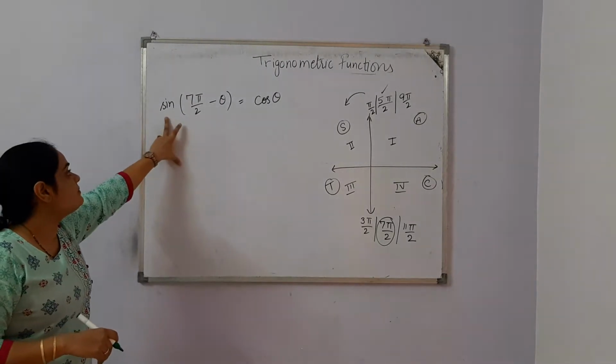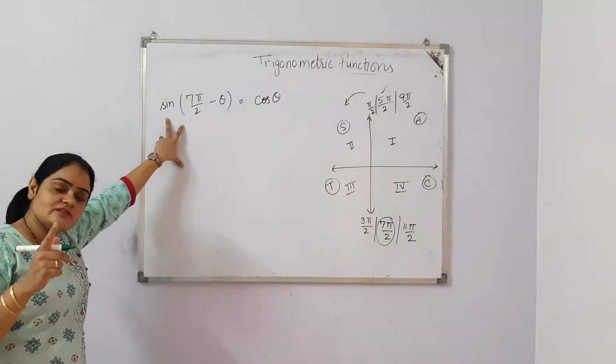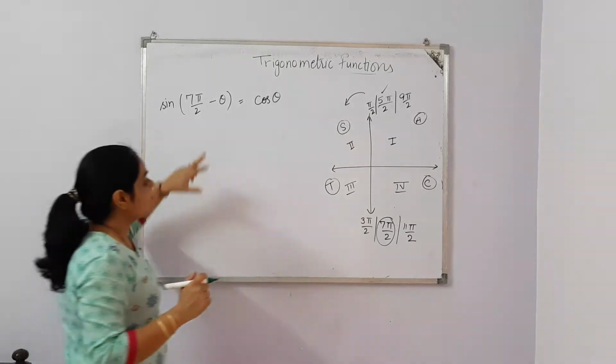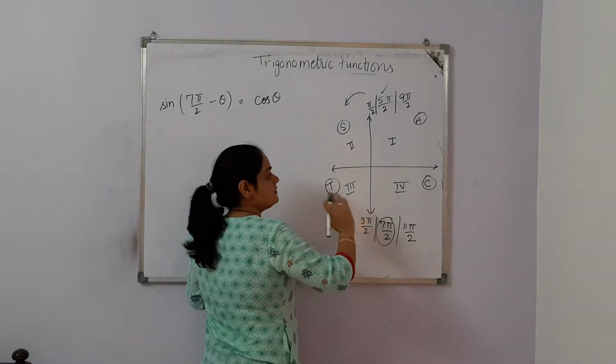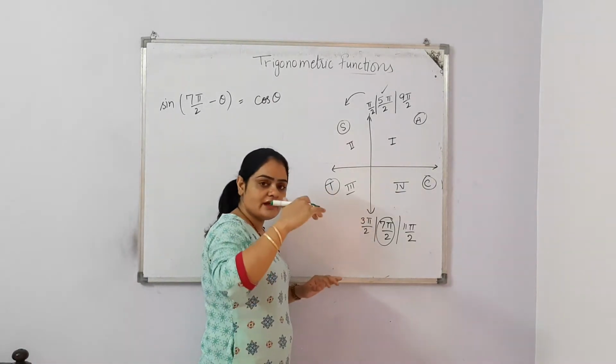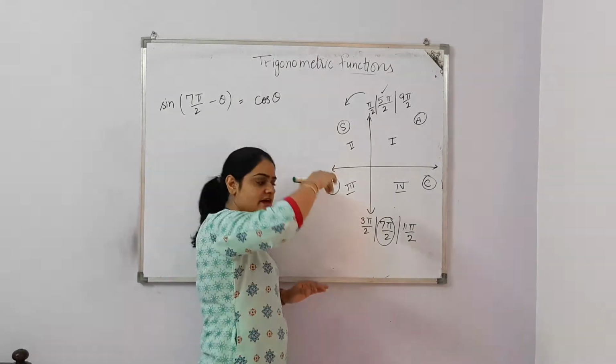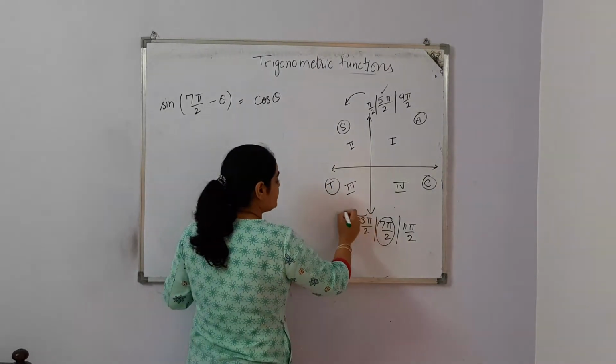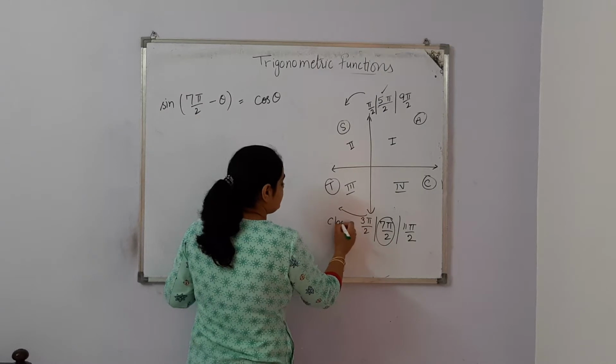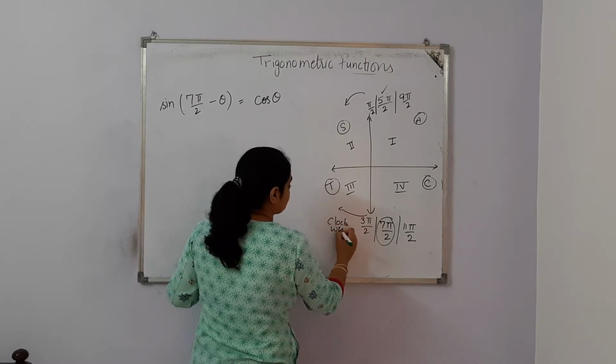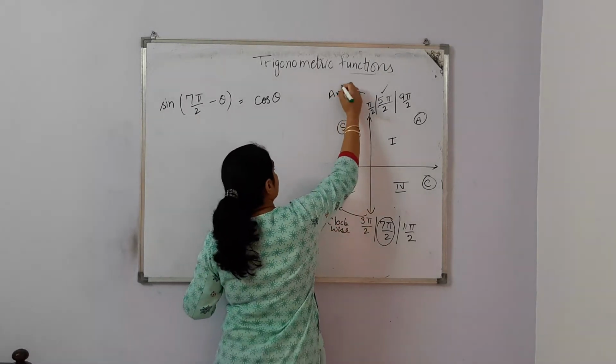Now cos theta, 7 pi by 2 minus. That minus means clockwise direction. We are going in the clockwise direction, and clockwise direction is this direction. This is clockwise and this is anti-clockwise.